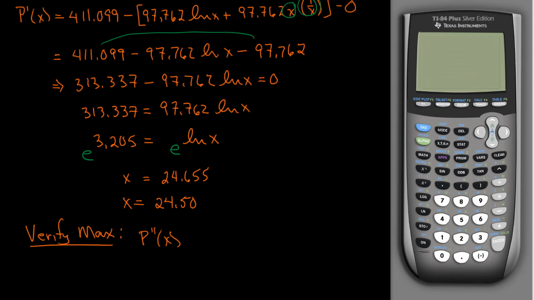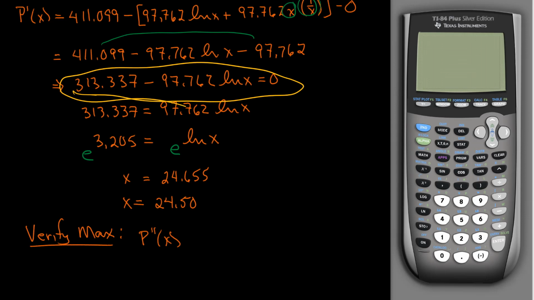So the second derivative, remember, we're working with this line right here. When we take the derivative of this part, it's 0. Then it's going to be minus 97.762 times the derivative of the natural log. Well, that's just 1 over x. We're basically done.